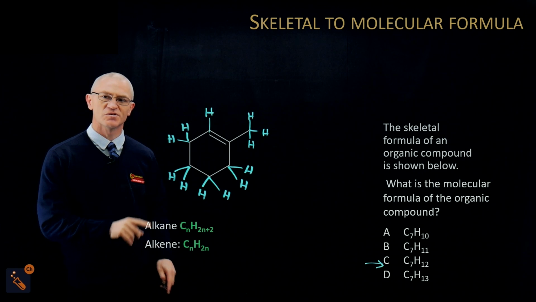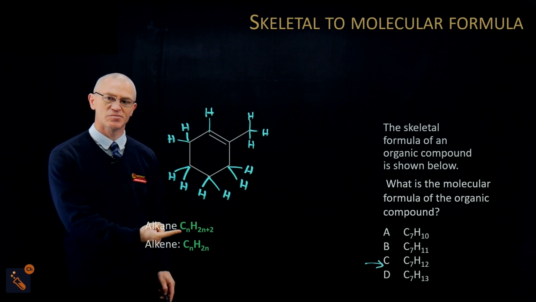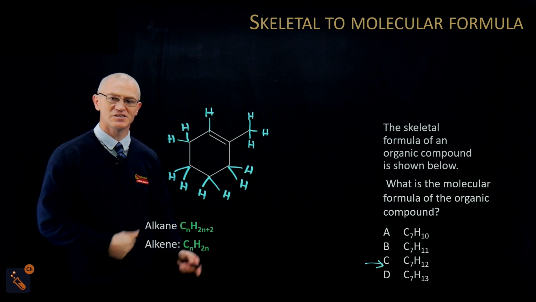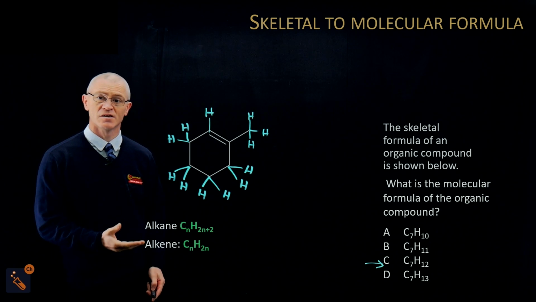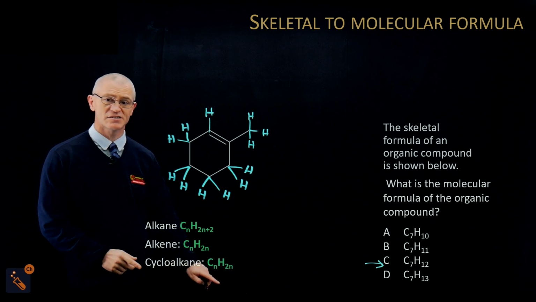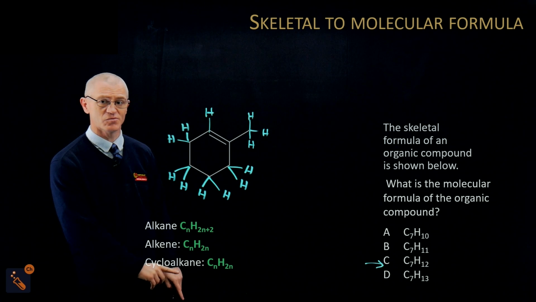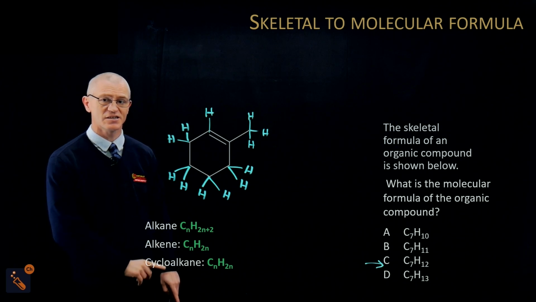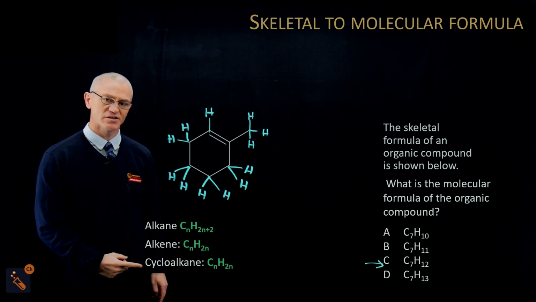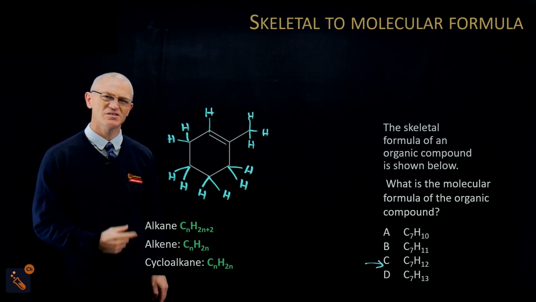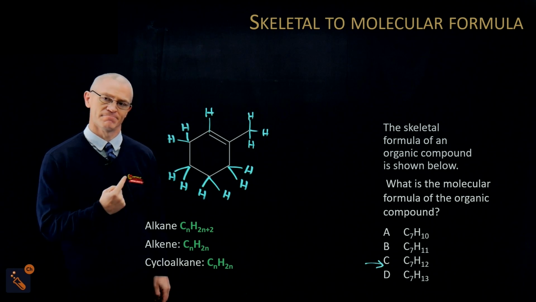So first of all, we've got an alkane and an alkene: CnH2n+2, and then CnH2n. So the difference between these two is 2 hydrogens. We then have a cycloalkane, which has the same general formula as the alkene. So what do you think now, if a cycloalkane is CnH2n, what is a cycloalkene?